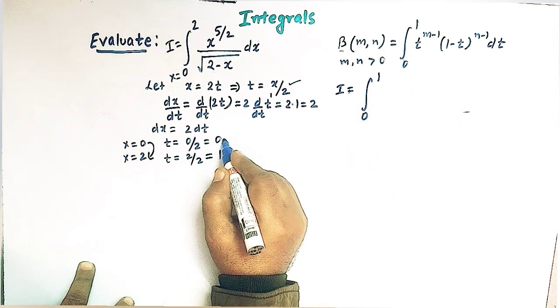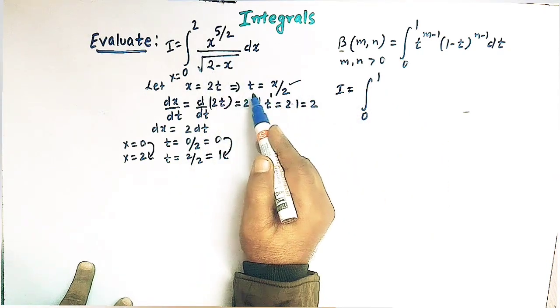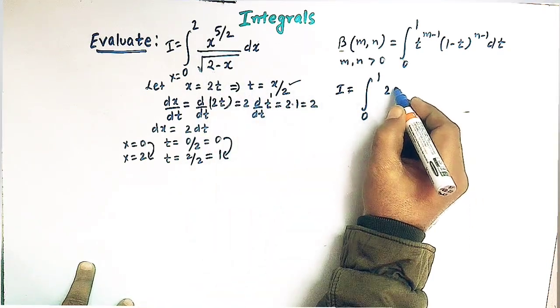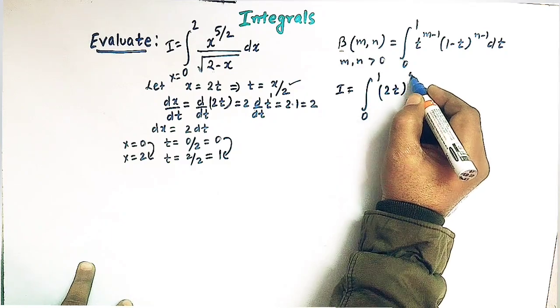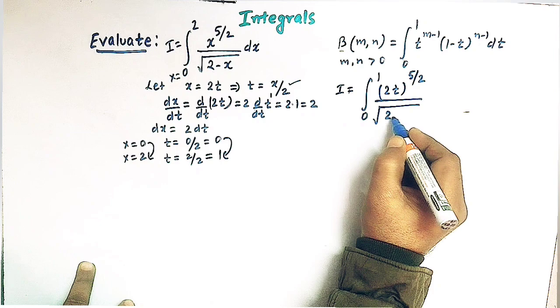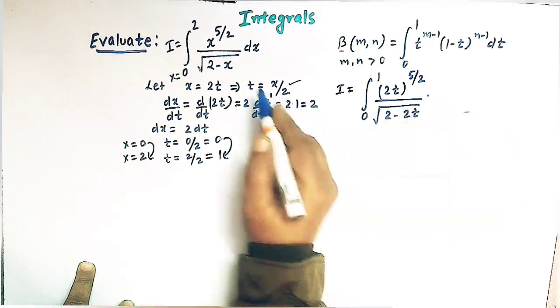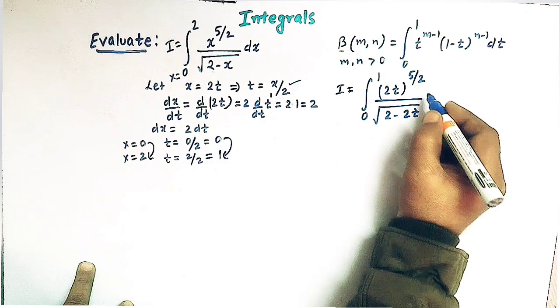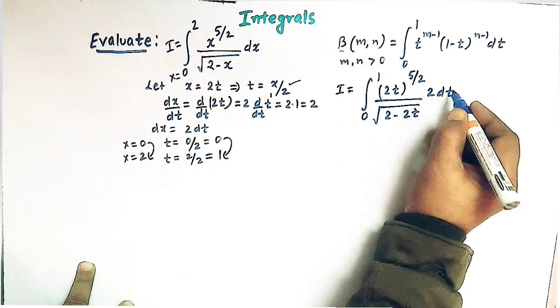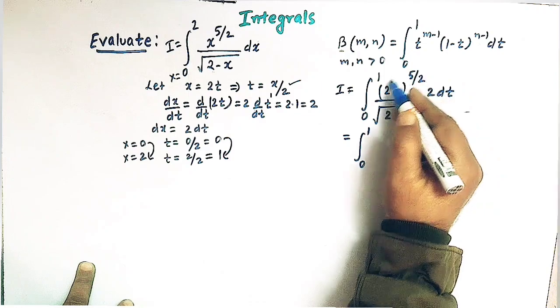and here when x changes from 0 to 2, t goes from 0 to 1, and for x we can write 2t. So we have (2t) raised to 5 over 2 divided by square root of 2 minus 2t, and here for dx we can write 2 dt. So let us now simplify this expression.